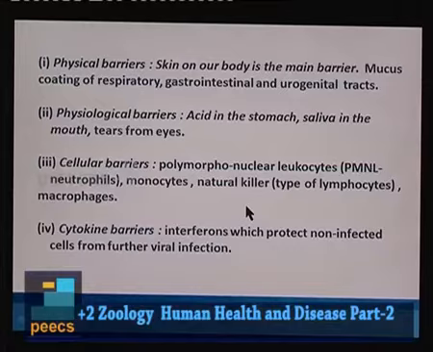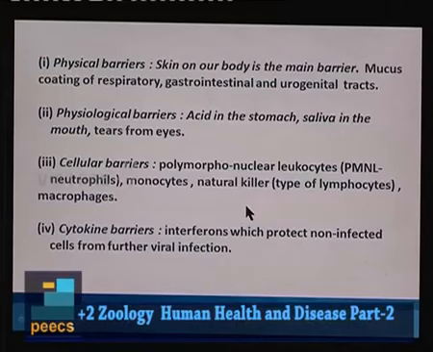Now, the fourth one is known as cytokine barrier. By cytokine barrier, we mean substances that are produced by a cell and will be helping for maintenance of immunity. Interferon is such a substance. Interferon is a glycoprotein which is produced by host cell whenever there is attack of viruses.